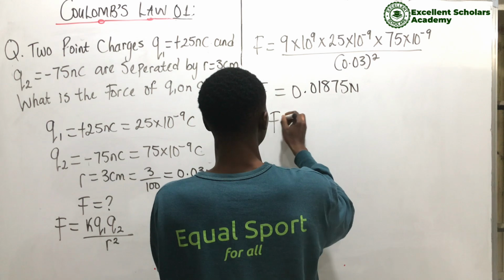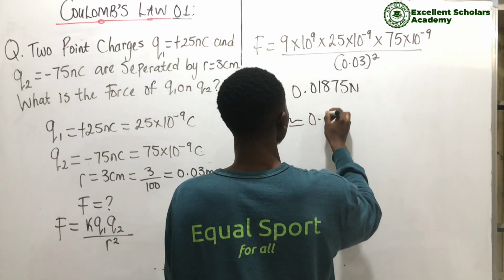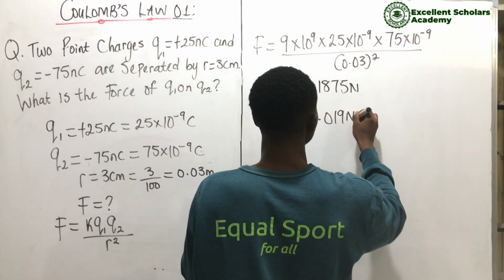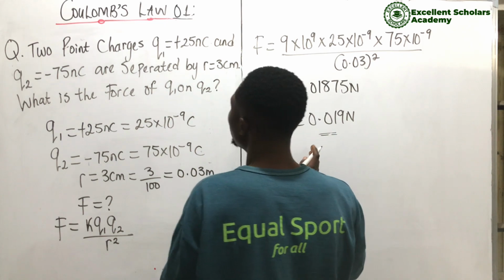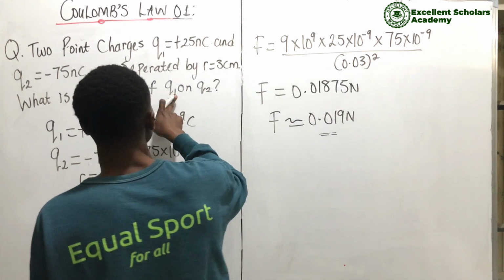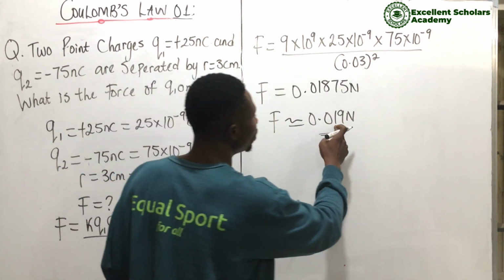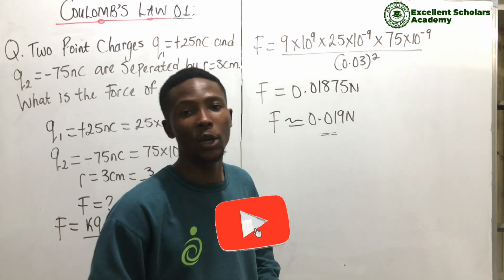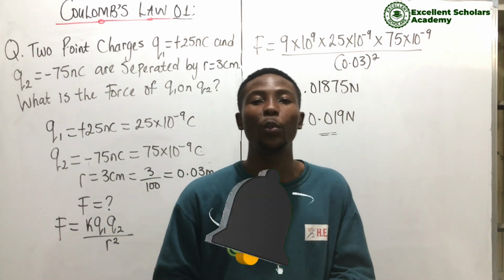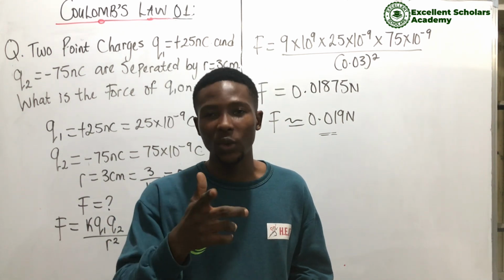Now this is approximately 0.019 Newton to 3 decimal place. Okay, so this will be the force of q1 on q2, 0.019 Newton. Now that will be all for today. See you in the next video.